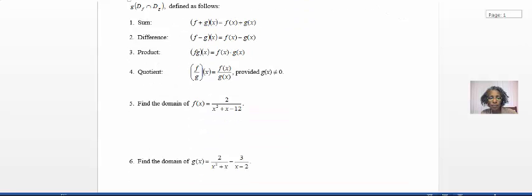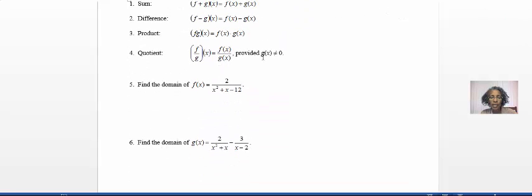So let's look at an example of finding the domain of the rational function 2 over x squared plus x minus 12. To find my domain, I first need to factor the denominator, because it's the denominator equaling 0 that can cause a problem.